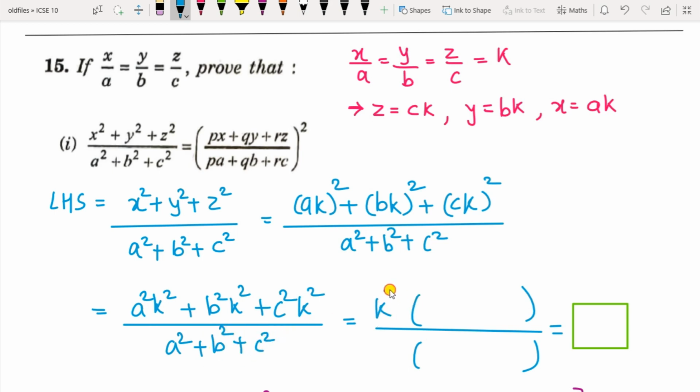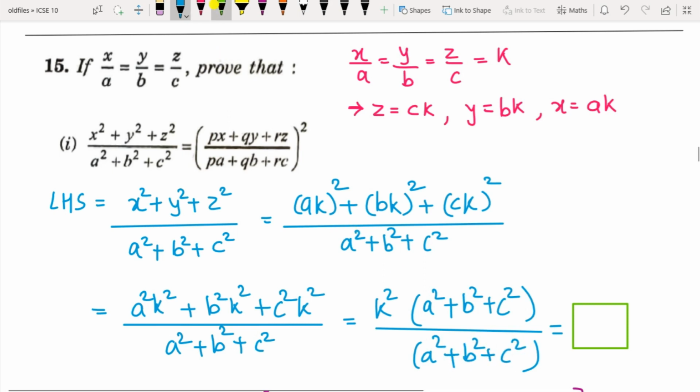Now from the numerator k square will be common, remaining things write in the bracket, and this is the denominator. So you can see the two brackets in the numerator and the denominator are the same, so you can cancel them out, and the remaining is k square, that is your LHS.